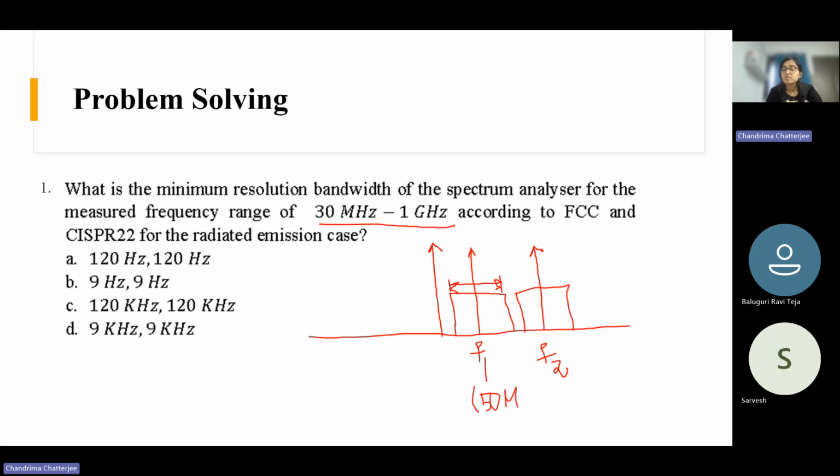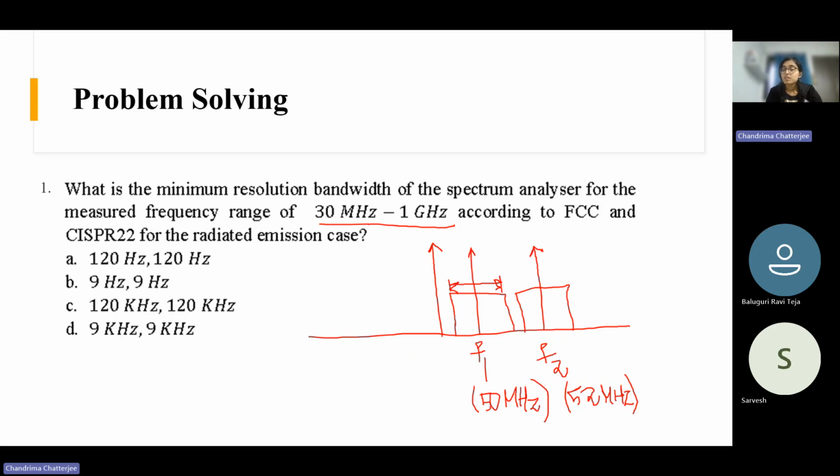This is just a hypothetical example I am giving to make you understand. This is at 50 megahertz, and this is at some 52 megahertz maybe. So they are quite apart, 2 megahertz apart, and your resolution is 1 kilohertz. So this is fine. You can easily distinguish that at these two frequencies I am getting two peaks.